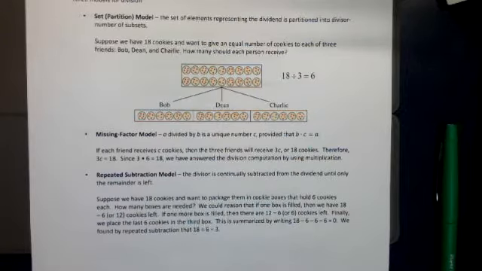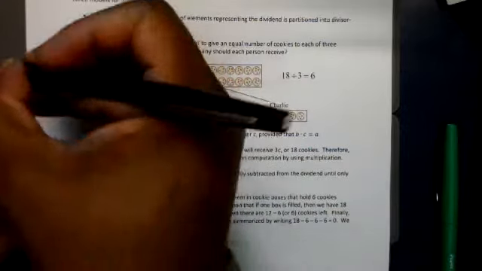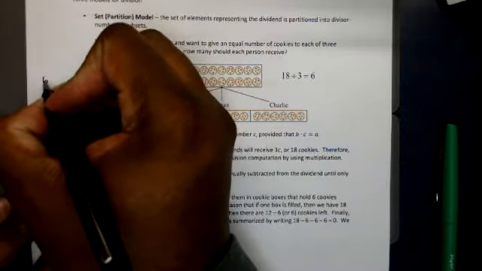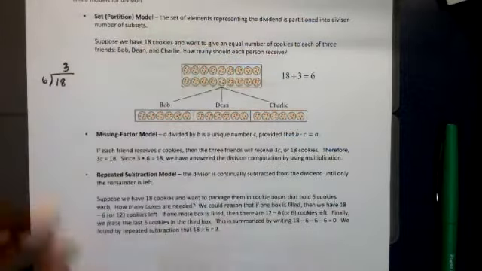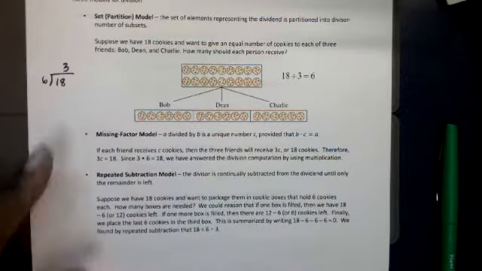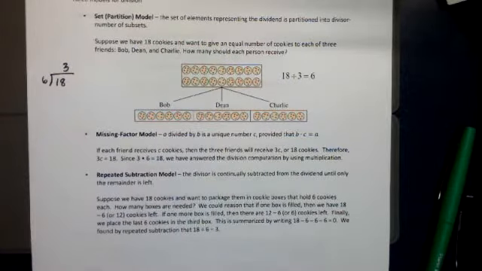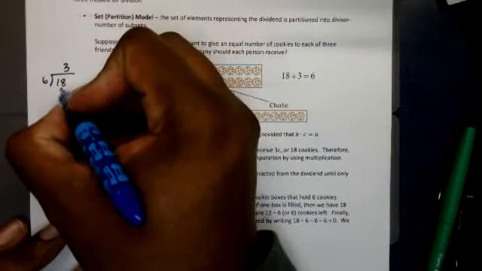Now, notice when I was reading this, there are some terms that you do need to know. I'm going to write this as 18 divided by 6 gives you 3. The 18 in this case is what we call the dividend.